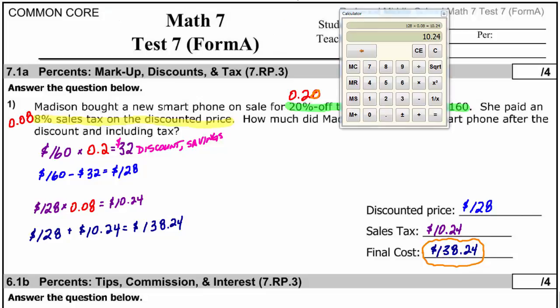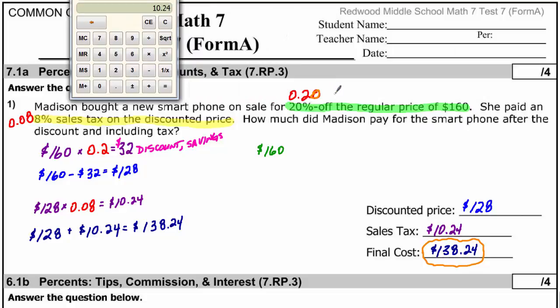You could also set this problem up as how much does she pay? Remember, if Madison saves 20%, then she pays 80%.